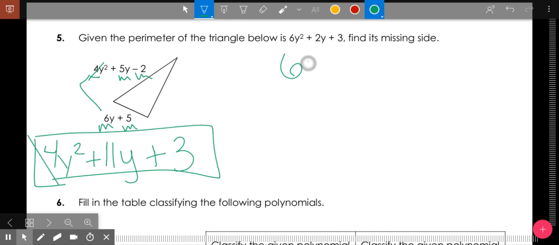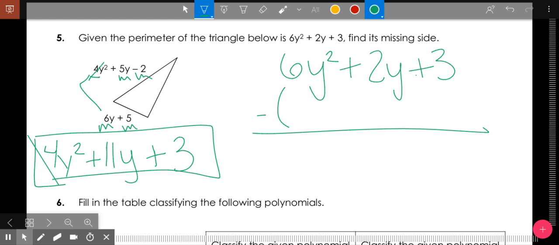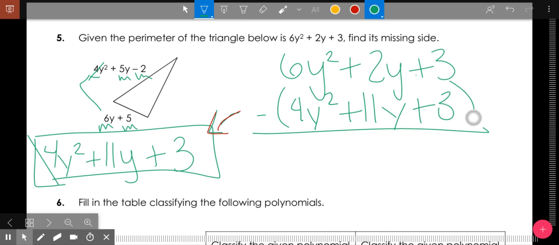And then I take 6y squared plus 2y plus 3, and I subtract from it my total perimeter from down here, which is 4y squared plus 11y plus 3. Since this is subtraction, I have to change this to addition and change all my signs on the inside, which happens to make them all negative. And then I solve. So 6y squared and negative 4y squared is 2y squared.